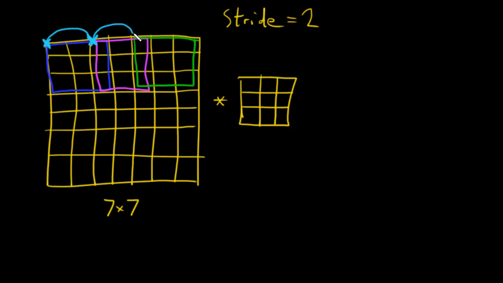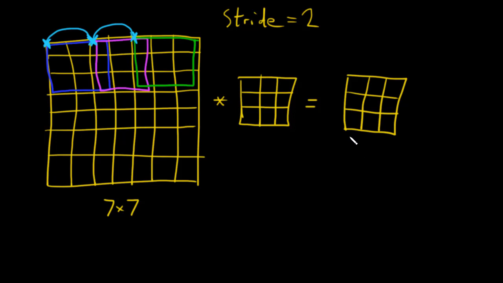Oh, and I forgot to do the little X right here, and that's the upper left. So you can see a stride 2 is leaping and skipping over pixels. And if I do that, I wind up with a 3 by 3 for my final matrix, which sometimes is perfectly fine.